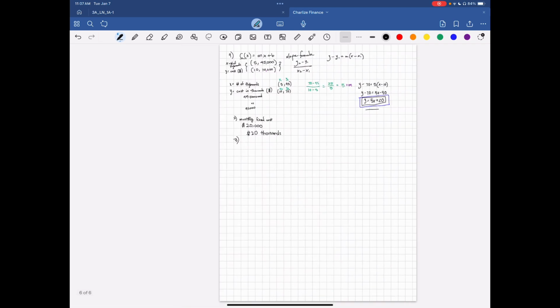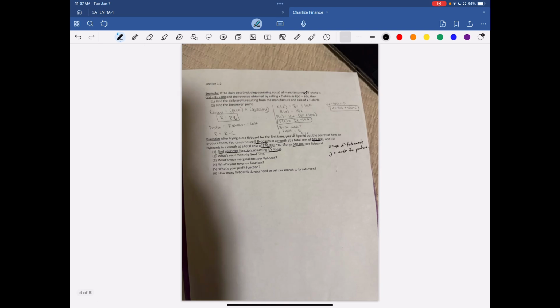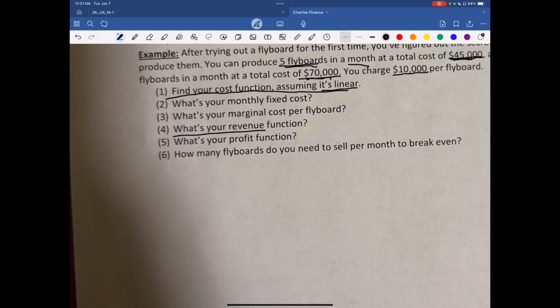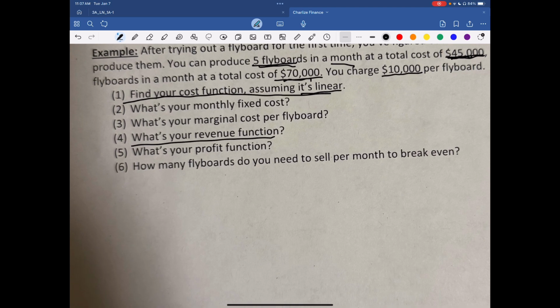The next problem asks, what is your revenue function? So if you remember from one of the questions, revenue was the price times the quantity. And it should make some sense because it's the price you earn times the quantity of items you sell.